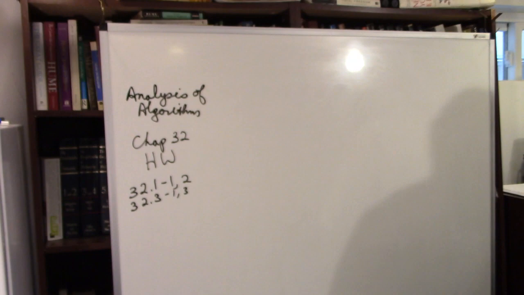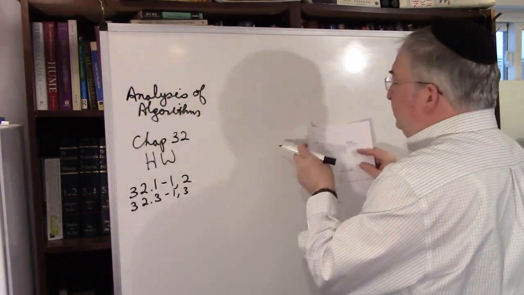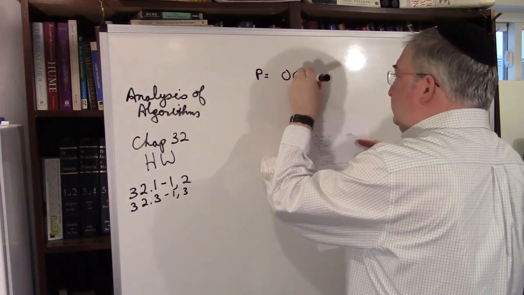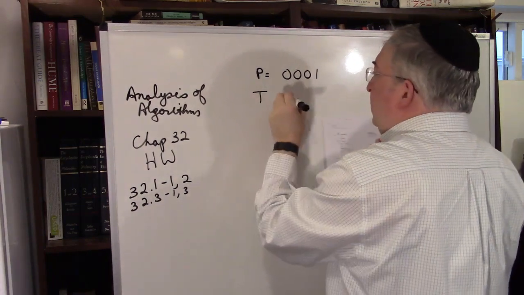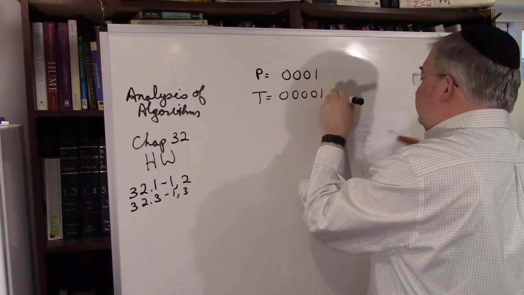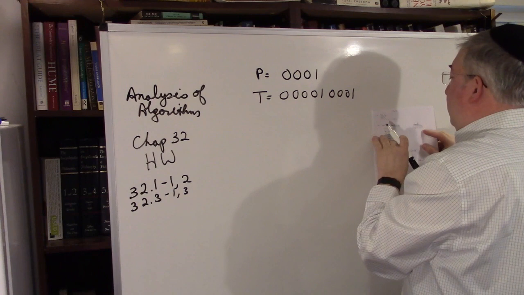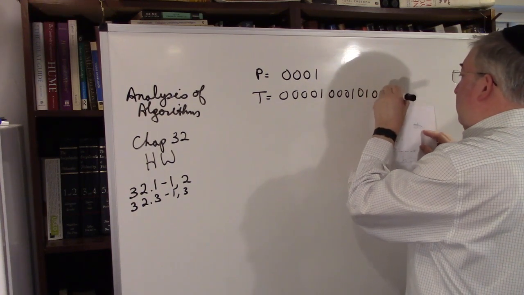Okay. So, Chapter 32, Section 1, Number 1, is a simple problem. They give you the pattern equal to 0, 0, 0, 1, and the text equal to 0, 0, 0, 0, 1, 0, 0, 0, 1, 0, 1, 0, 0, 0, 1.